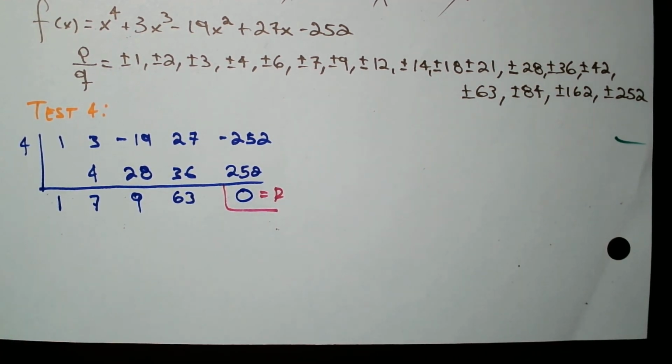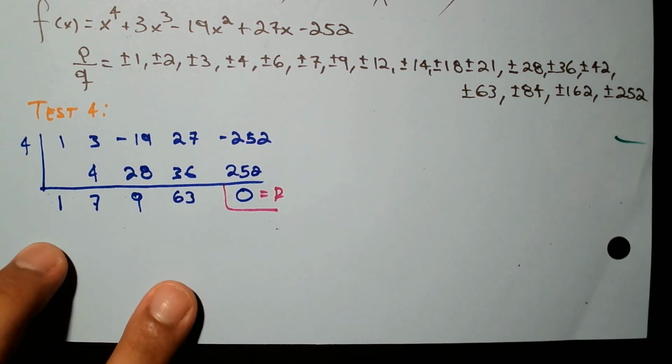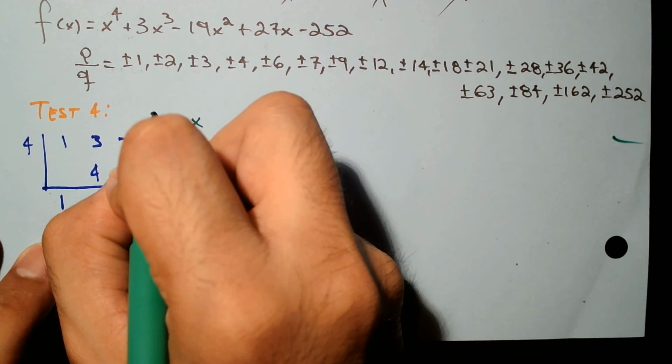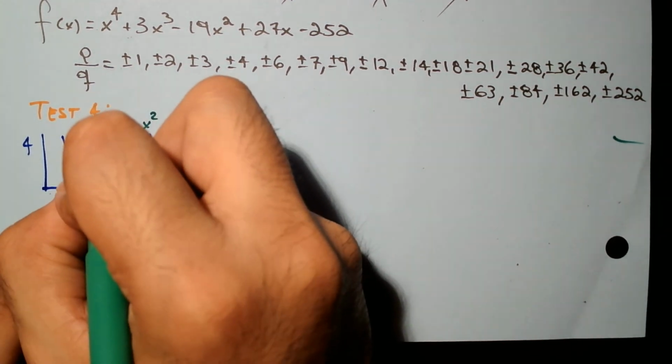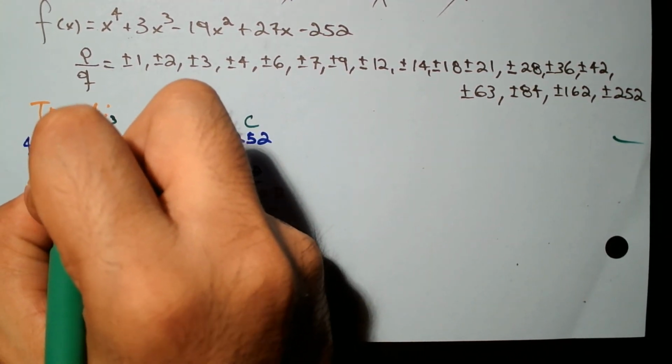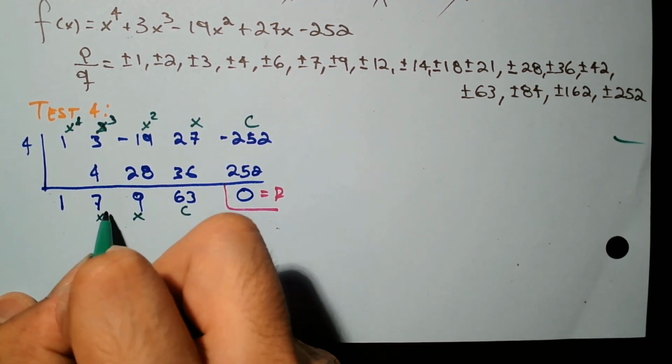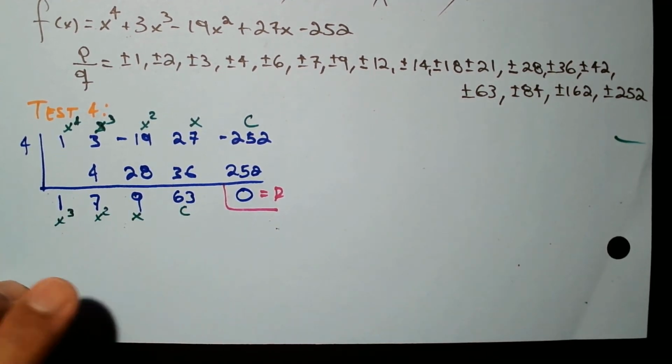So again, let's write this down. Where's my marker? Let me use another color. Okay, constant, linear, squared, cubic, and quartic. Remainder, constant, linear, squared, cubic.